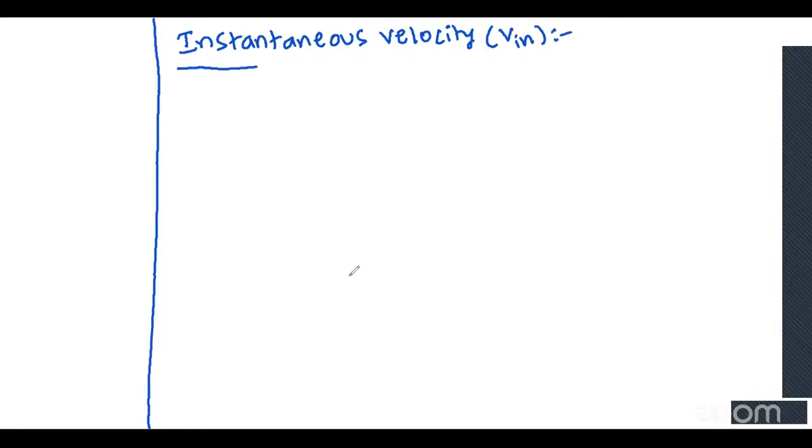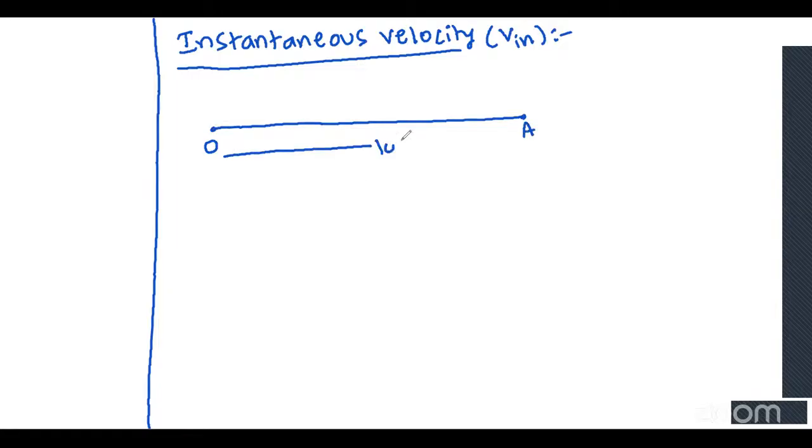Next one is instantaneous velocity. Now let us consider a particle starts from O and reaches point A. It takes a time of 10 seconds.